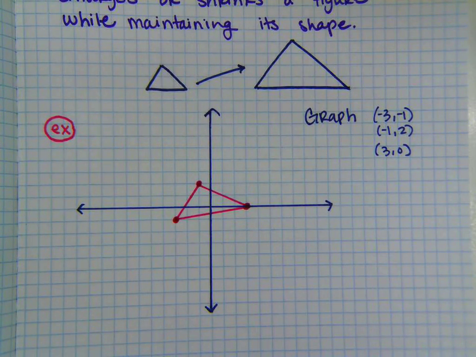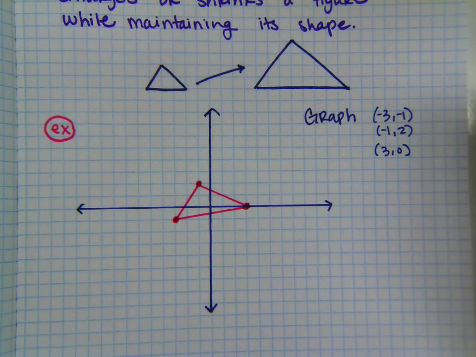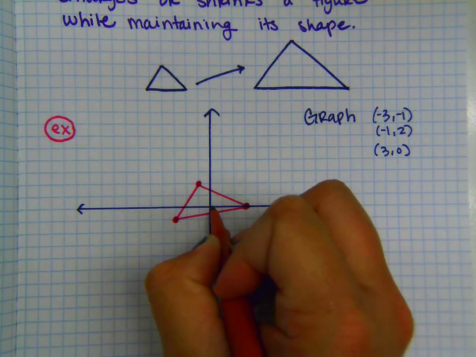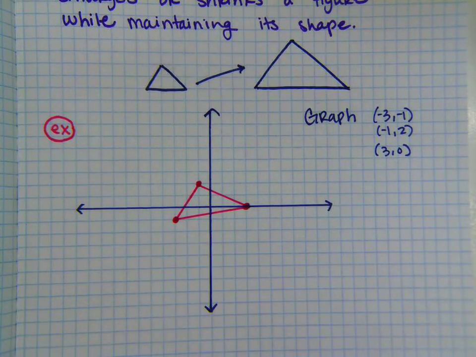From there, we can enlarge it or shrink it, depending on what it wants us to do. So let's start out by enlarging by a factor of 3. Okay? And how we do that is we treat each point, and I like to think about it as slope. Sorry, I forgot to say, we're enlarging about the origin.